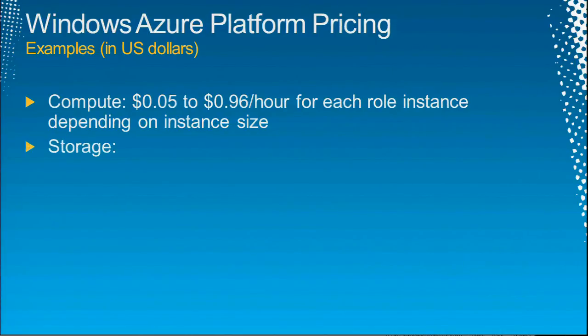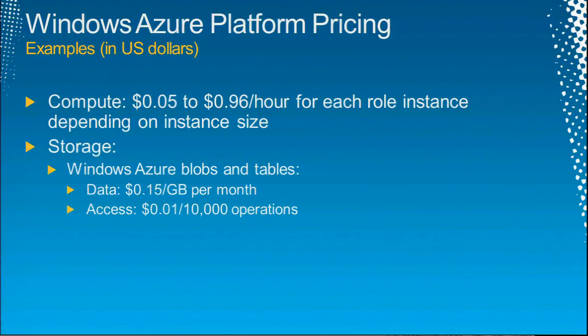For data, Windows Azure blobs and tables are pretty cheap. 15 cents per gig per month, and a penny for each 10,000 operations, reads, writes, things like that. SQL Azure, relational data, is a bit more. It's $10 per gigabyte per month. You're thinking, well, wait, why is that so much more? The answer, of course, is that you're not paying for just the disk space.